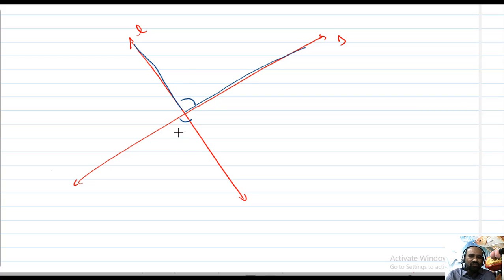Automatically these two angles are equal, because these two are intersecting lines and vertically opposite angles are equal. So every point on its angular bisector is equidistant from these two arms, satisfying the given condition. What is the given condition? The points which are equidistant from two intersecting lines. Every point on this angular bisector is equidistant from L and M.